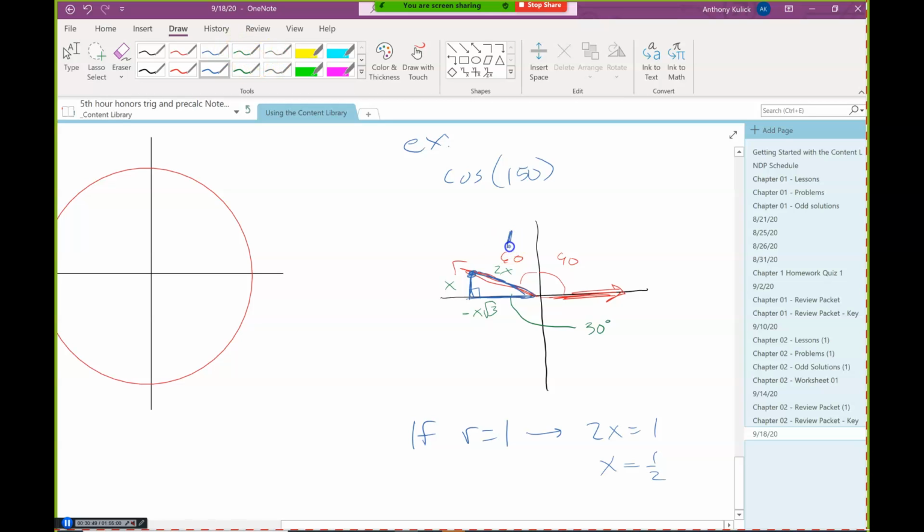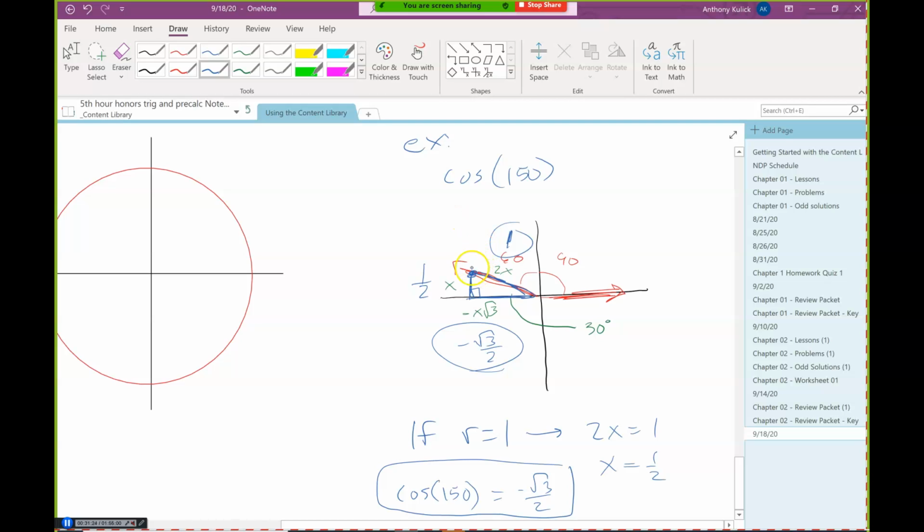So really this side is 1, 1/2, and then negative square root 3 over 2. Is everybody okay there? So cosine of 150 is adjacent over hypotenuse, or just this negative square root 3 over 2. Are we okay there?